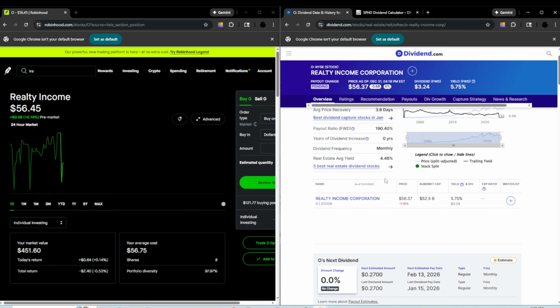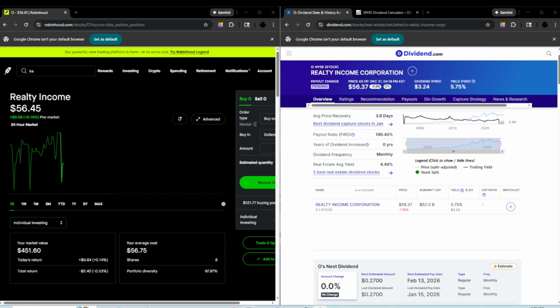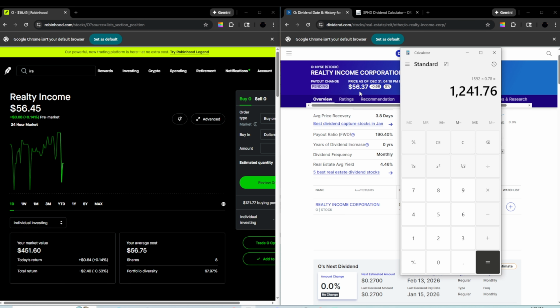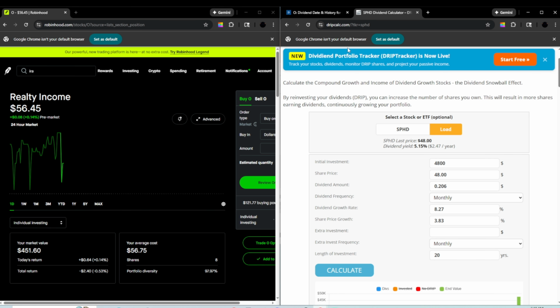So if I take that number and look at it, it's actually more on this end, so let's go to the actual price. We times that by 225 shares. We're at $12,701.